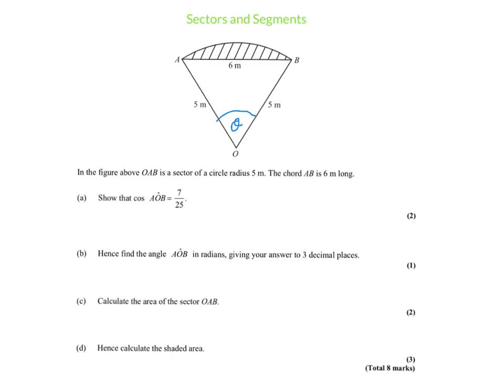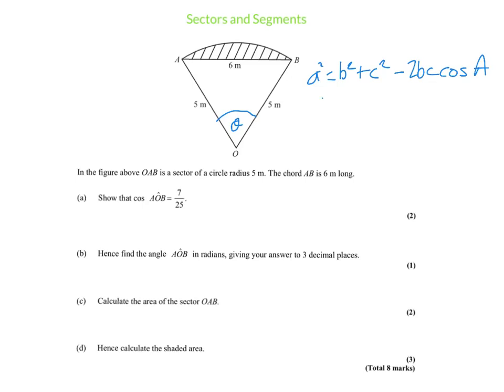Let's think about the cosine rule. So we use a squared. Let's just write that up there. What is the cosine rule? It's a squared equals b squared plus c squared minus 2bc cos a.